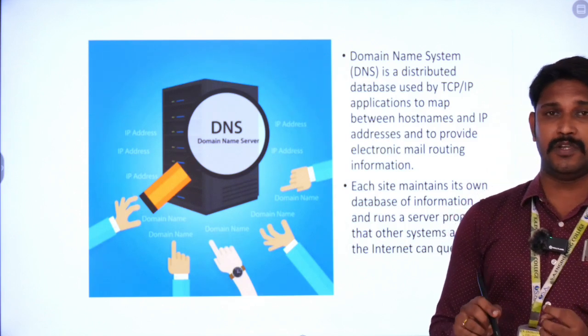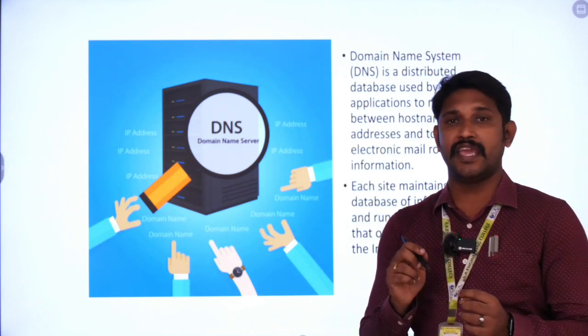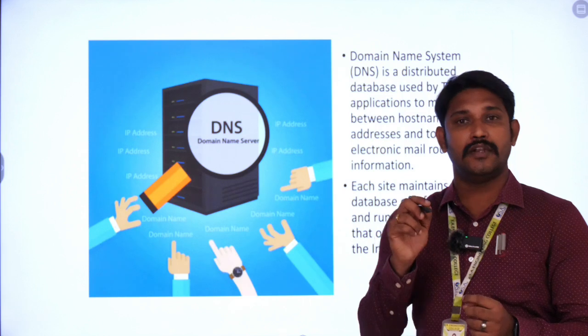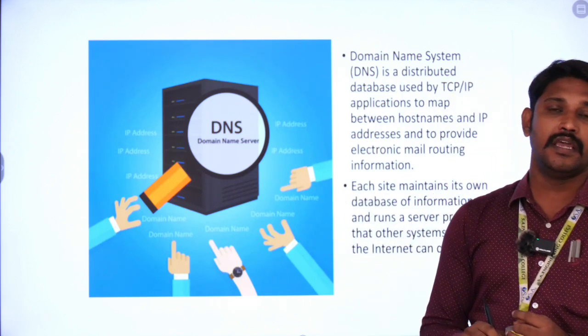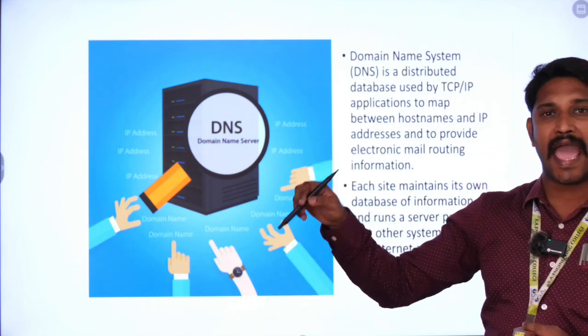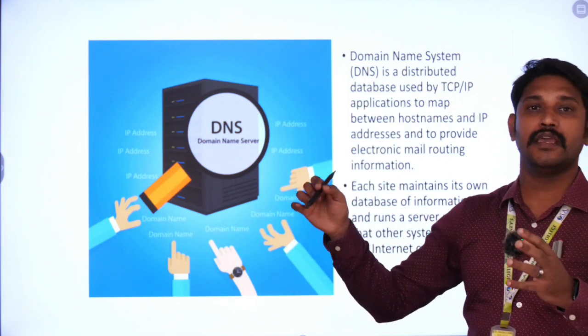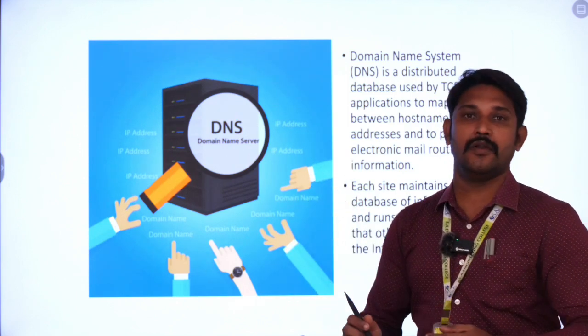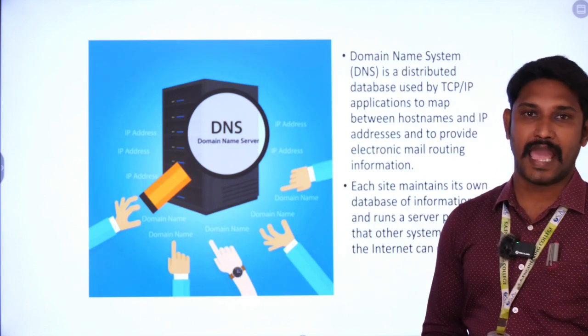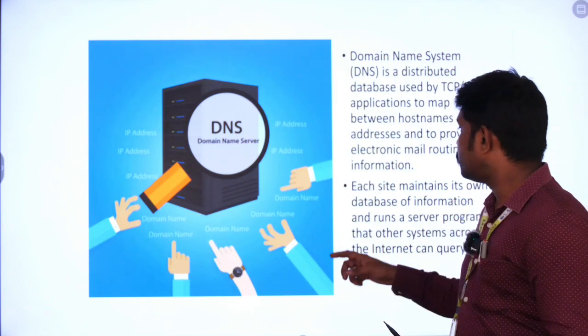Once I give a request from the client side, that domain name will be converted into an IP address. With the help of the IP address, I can access the S Engineering College data, that we call the S Engineering College website.